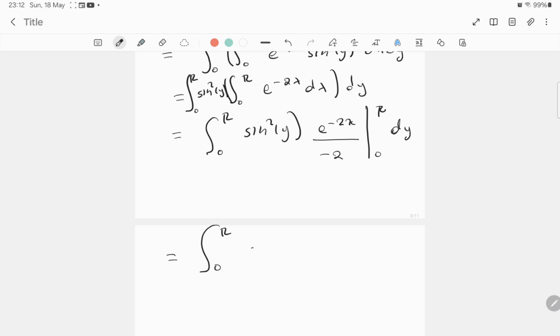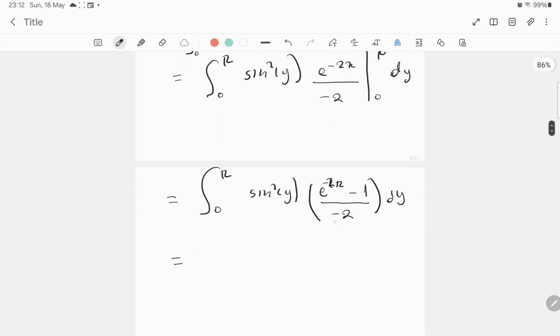This is going to be sine squared of y times e to the minus 2 pi minus e to the power of 0, which is 1, over minus 2 dy. Here, this one is just a constant. I can pull it outside the integral, and I also simplify this term. So it's going to be 1 minus e to the minus 2 pi over 2 times the integral from 0 to pi of sine squared of y dy.